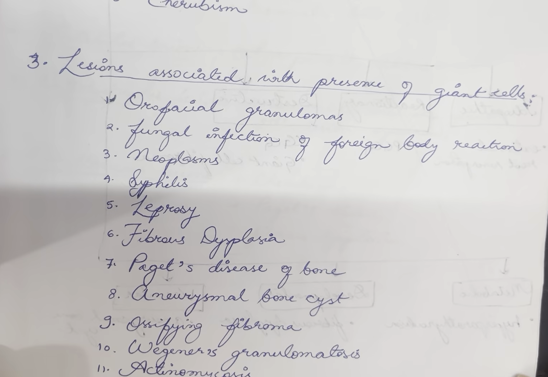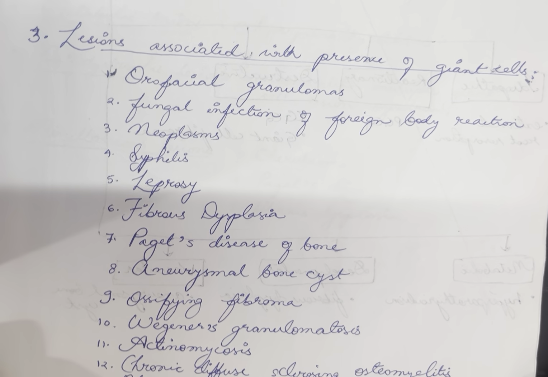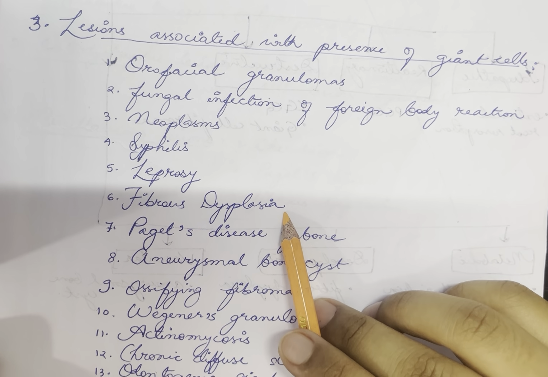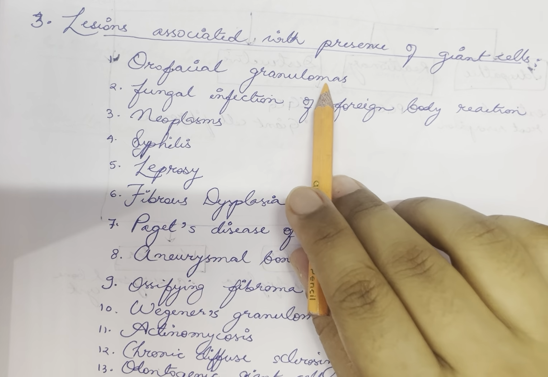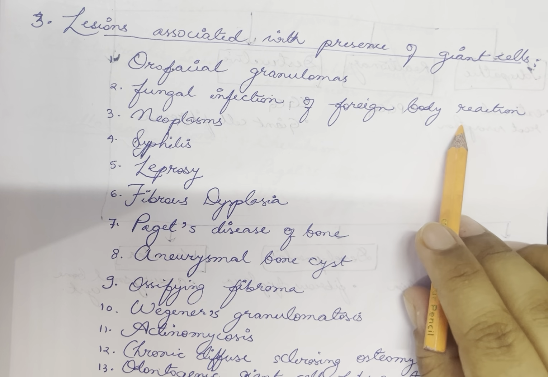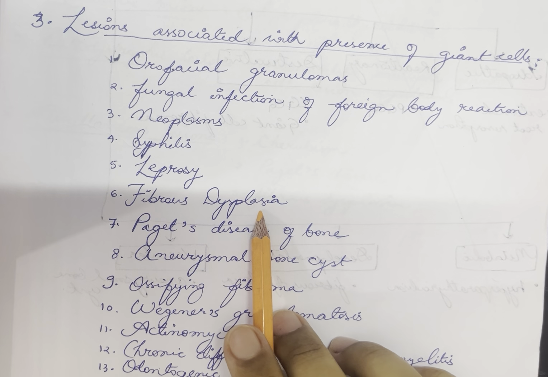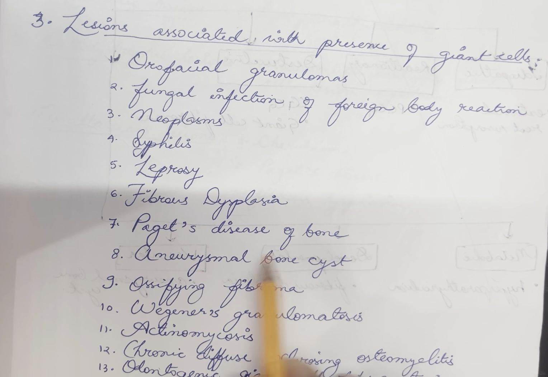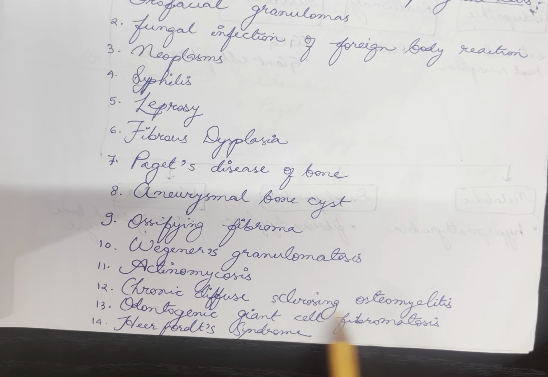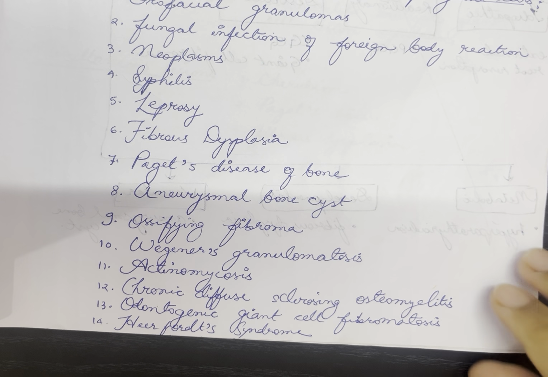Then lesions associated with presence of giant cells, such as orofacial granulomas, fungal infection, foreign body reaction, neoplasms, syphilis, leprosy, fibrous dysplasia, Paget's disease of bone, aneurysmal bone cyst, ossifying fibroma, Wegener's granulomatosis, actinomycosis, chronic diffuse sclerosing osteomyelitis, odontogenic giant cell fibromatosis, Heer-Frost syndrome.